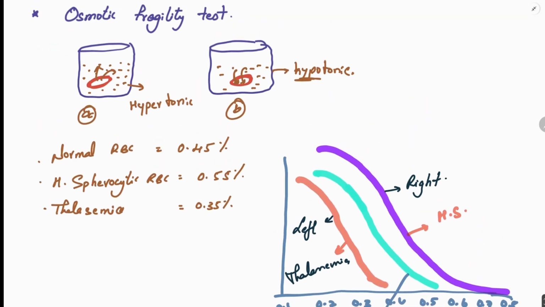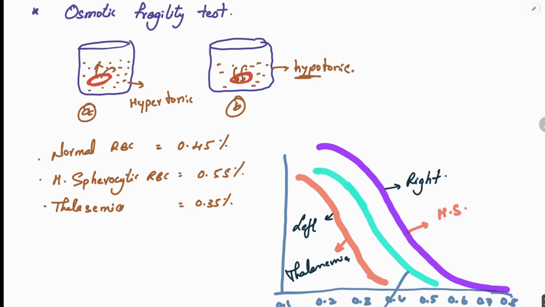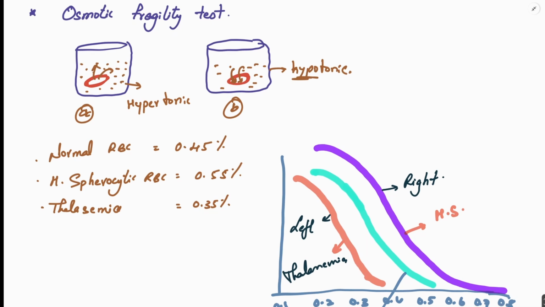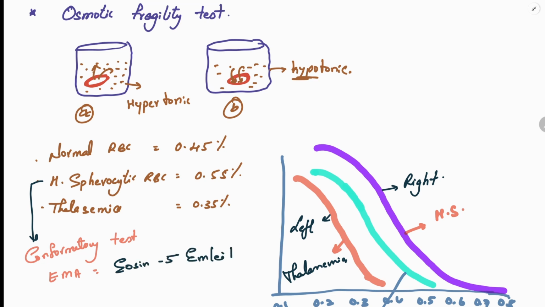So this is all about the osmotic fragility test, but this is not the standard or confirmatory test for hereditary spherocytosis. So the confirmatory test is EMA test, which means eosin-5-maleimide binding test.